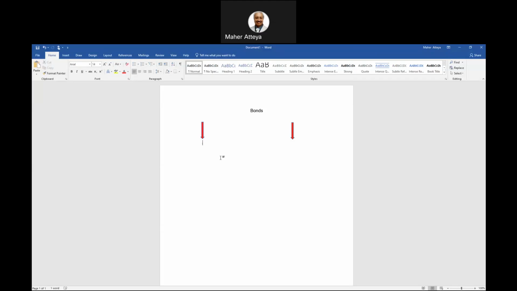So here it is, bonds. Which types of bonds do we have? We have two types. We'll not go through other bonds, but we have one bond called ionic bonding, correct? And the other one is called covalent bonding.